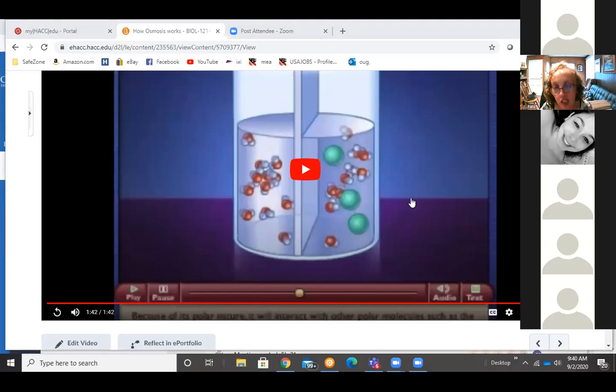So tonicity always has to do with the concentration of the solute. A solution that's hypotonic will have more water in it than a solution that's hypertonic. And if those two are put together, the water from the hypotonic solution is going to move into the hypertonic solution.